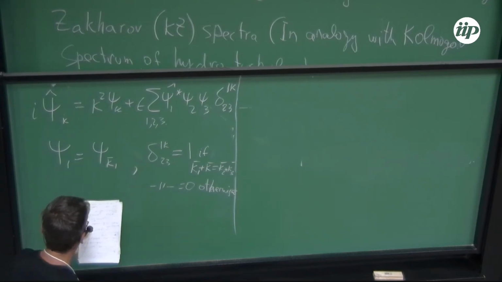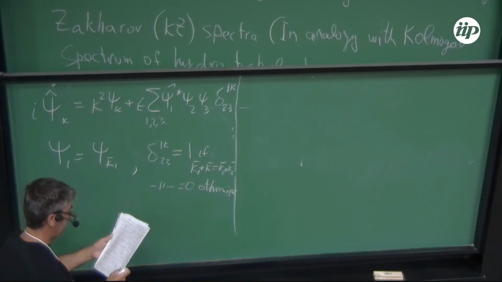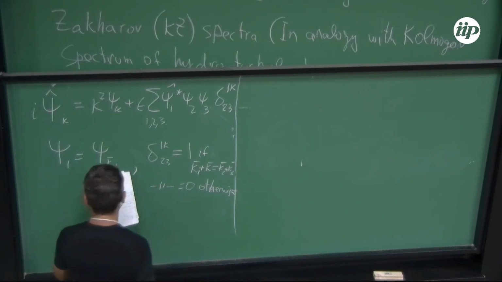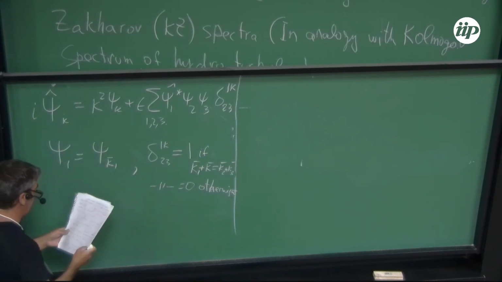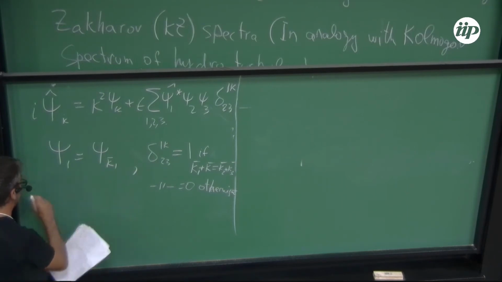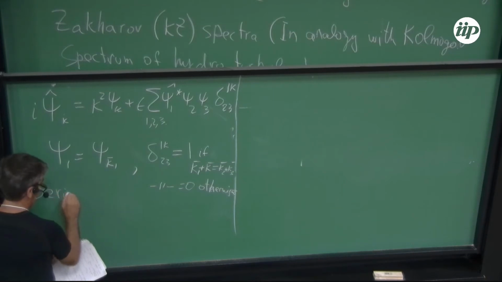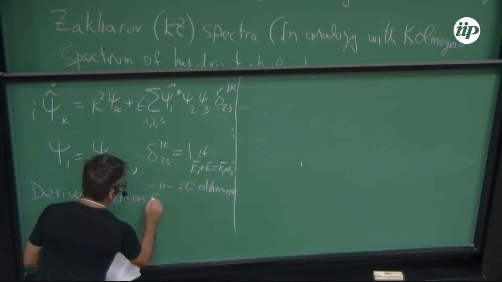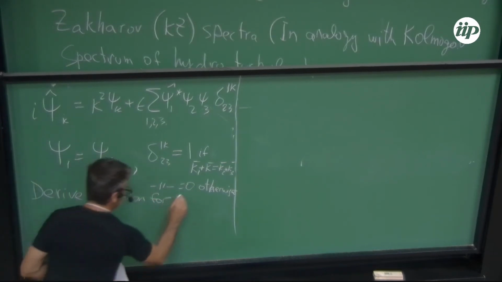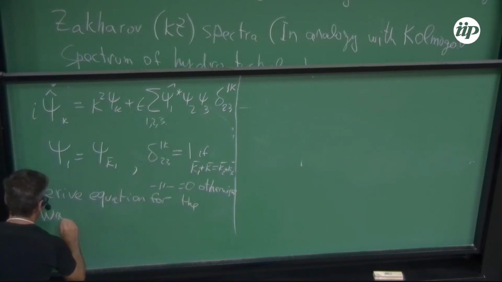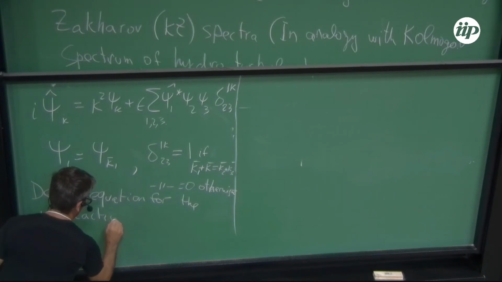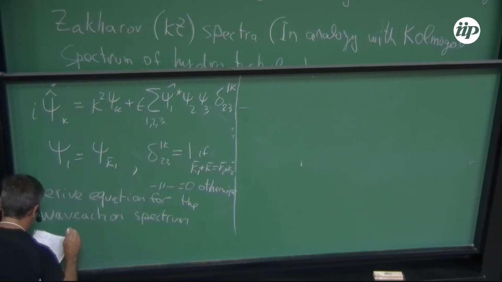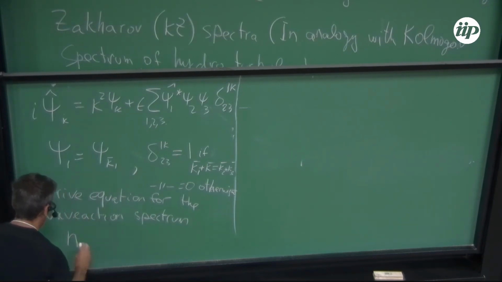Now, this is our equation that we'll be using as a starting point to derive the equation for the wave action spectrum, which is defined as n k.